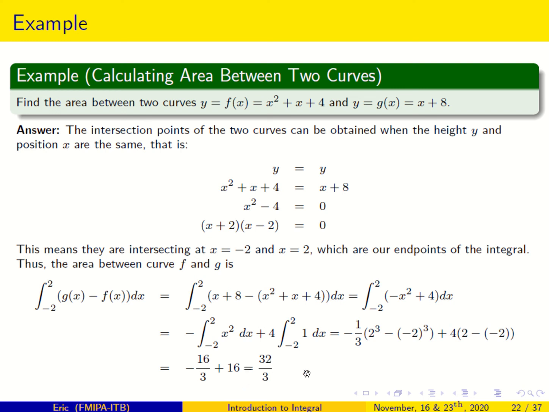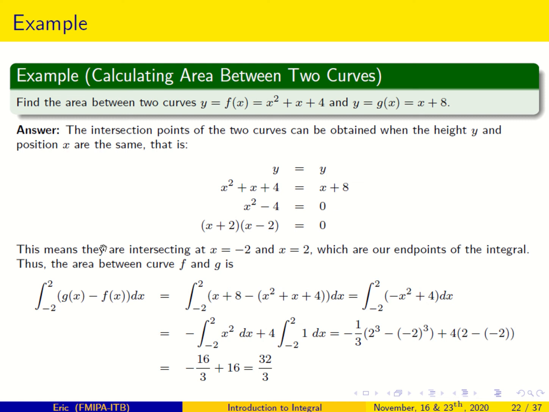So that's how to calculate the area between two curves. If I have the area between two curves, I have to find the intersection points, so I have the left and right endpoints for the boundary of the integral. And don't forget, the area is given by the height times the width.